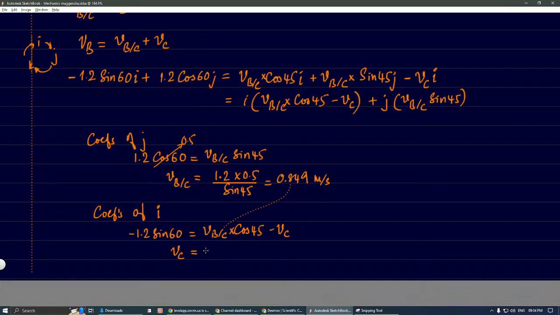This term comes to this side, 0.849 into cos 45, and this term comes to the right side, plus 1.2 sin 60.